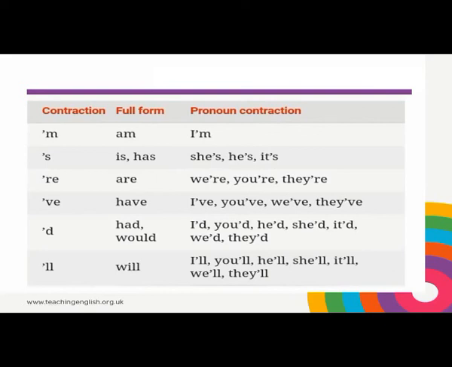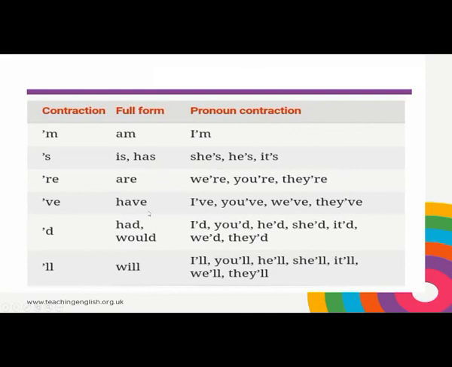Yes. So she's, he's, and it's. Okay, full form are, contraction apostrophe re. And if I want to pronounce it in a sentence, we will pronounce it like this: we're, you're, they're. So we're, you're, and they're.